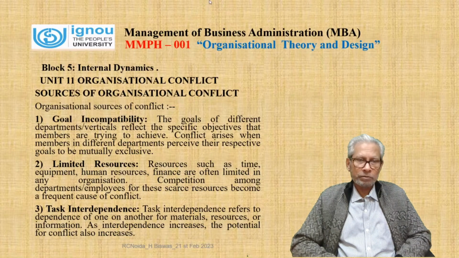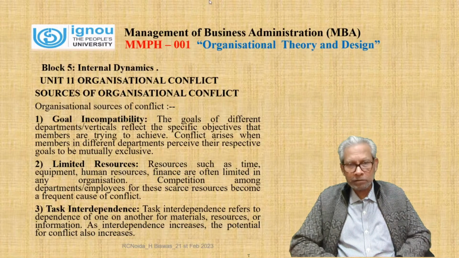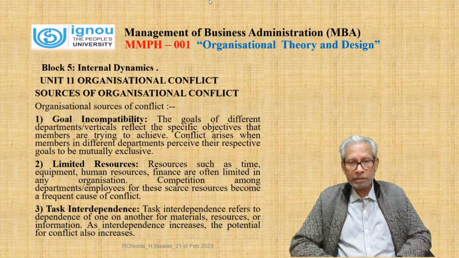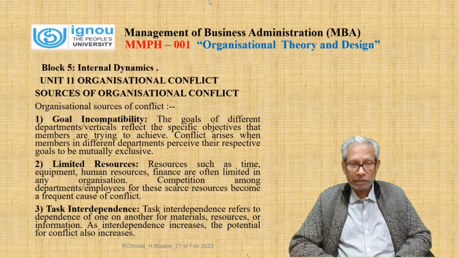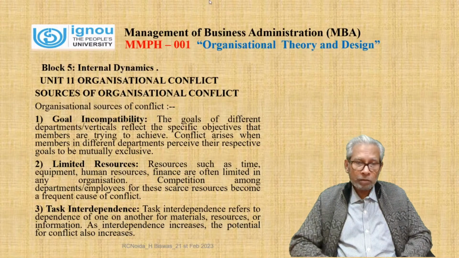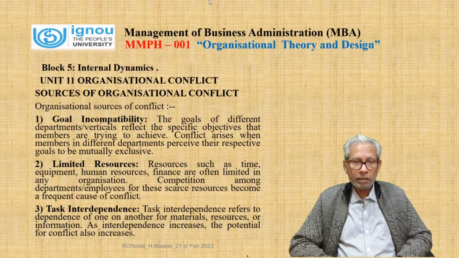Task interdependence, because some of the activities are dependent on others, creates a problem. Task interdependence refers to dependence on one another for materials, resources, or information. All these create conflict.